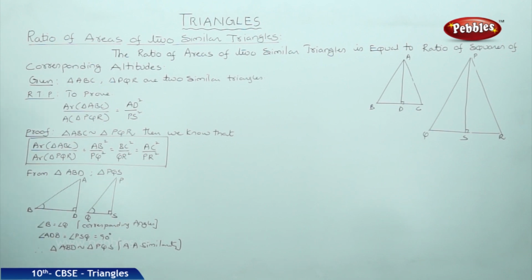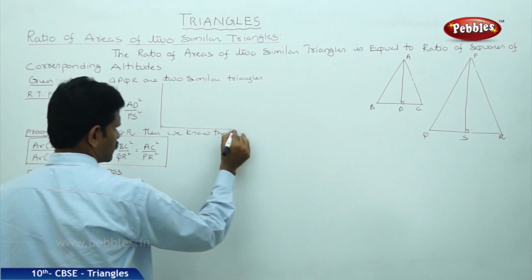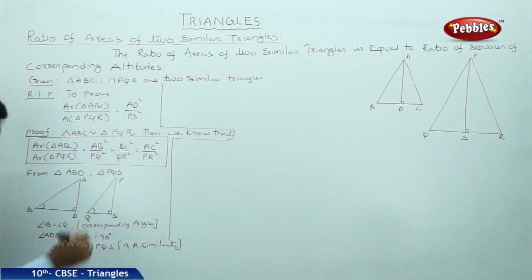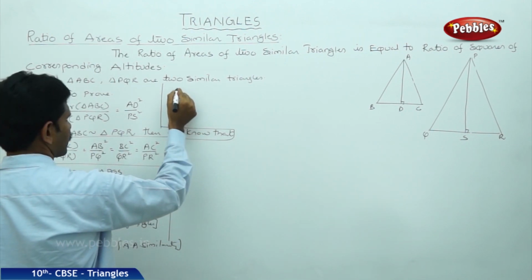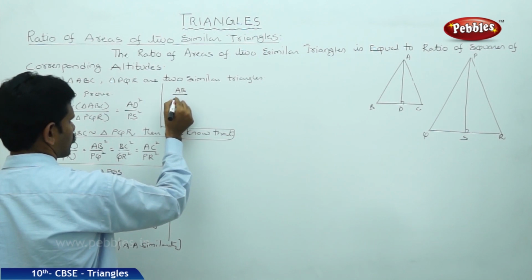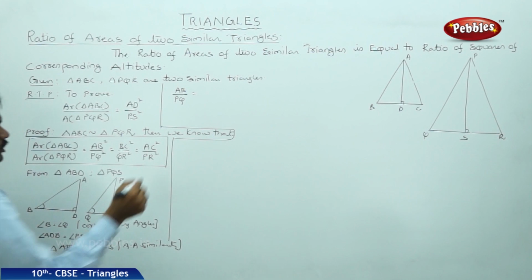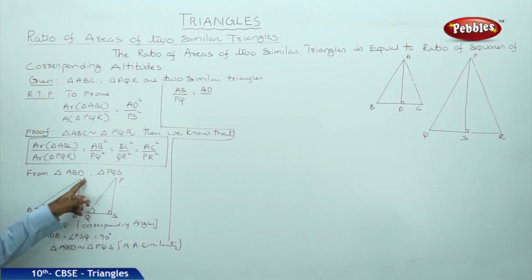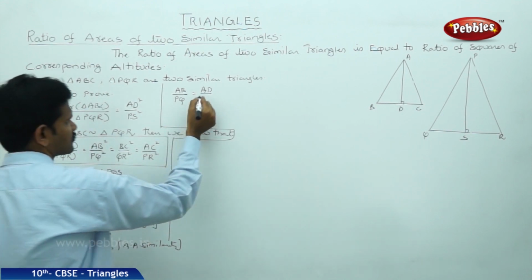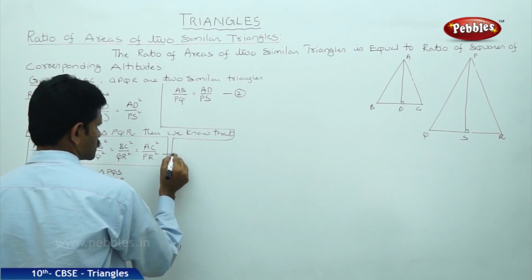After that, in similar triangles, we can write AB by PQ is equal to AD by PS. This is equation 2, this is equation 1.